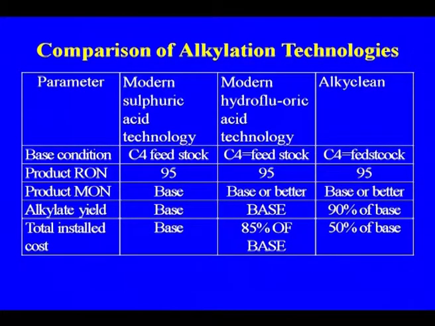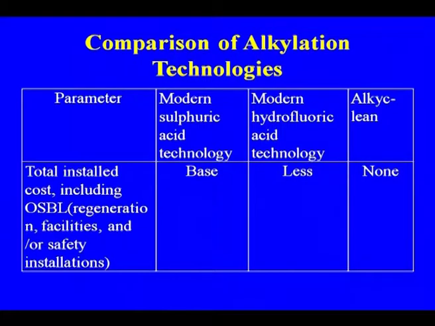The product in the case of modern hydrofluoric acid has a better MON, and the alkylate yield is 90% of the base. The total installed cost is higher for sulfuric acid, and less in the case of hydrofluoric acid.